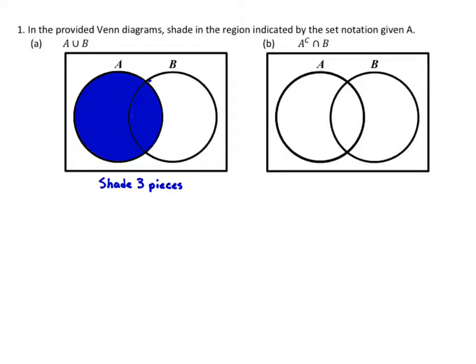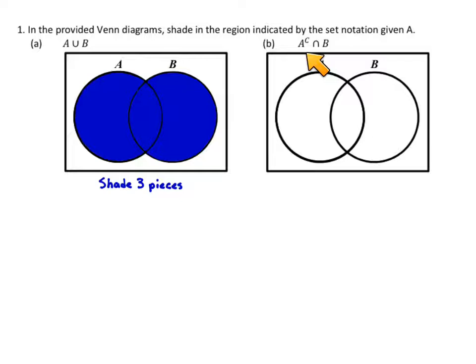And we're going to shade in all of B. You'll notice when we shade in all of B, we've already shaded in part of that when we shaded in A, so we don't need to shade it again, but those three regions, the moon, and the football, is A union B.